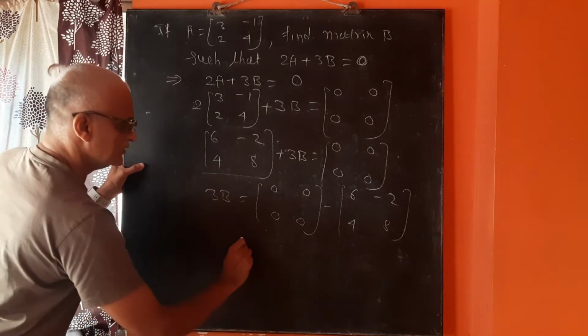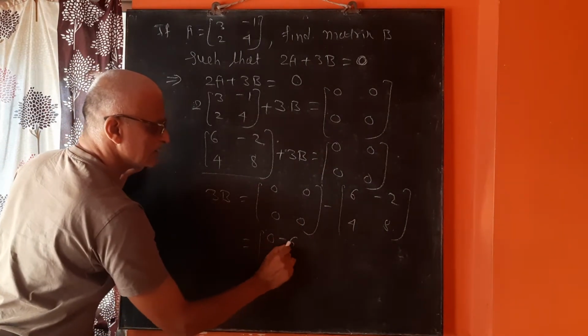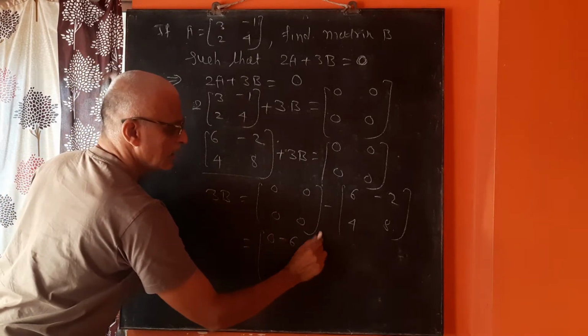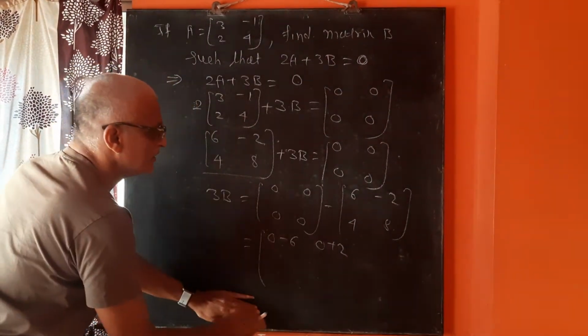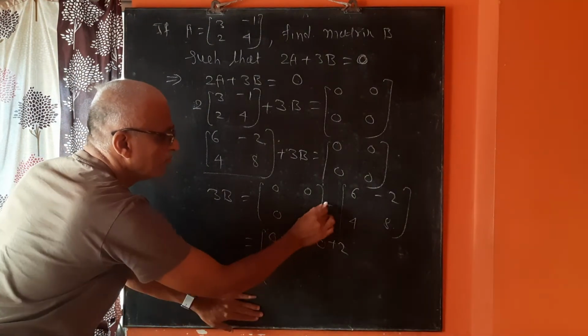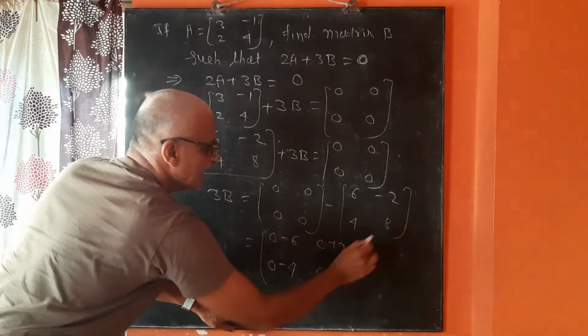Now simplify it. This equals the matrix of 0 minus 6, 0 minus of minus 2, that is plus 2, then 0 minus 4, then 0 minus 8.